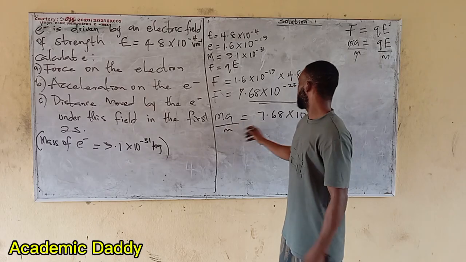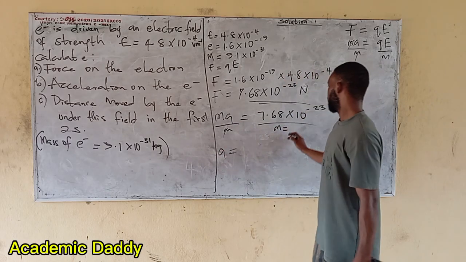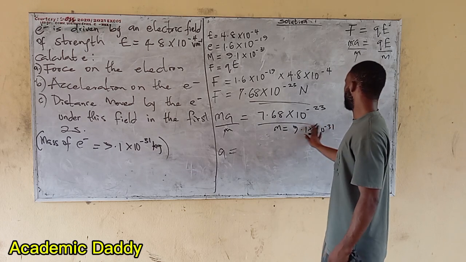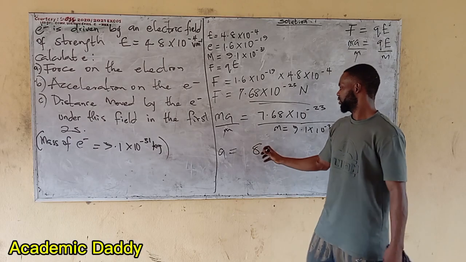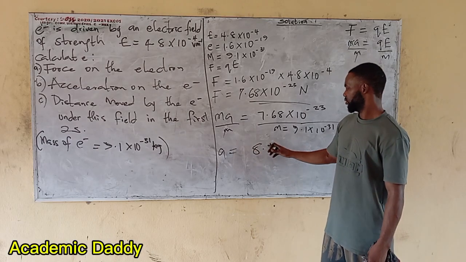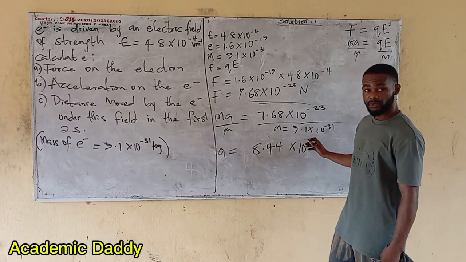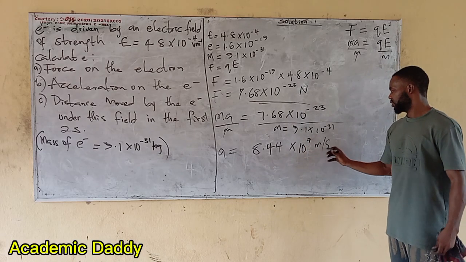So divide by M, and M is equal to 9.1 times 10 raised to the power minus 31. The answer is 8.44 times 10 raised to the power 7 meter per second square.